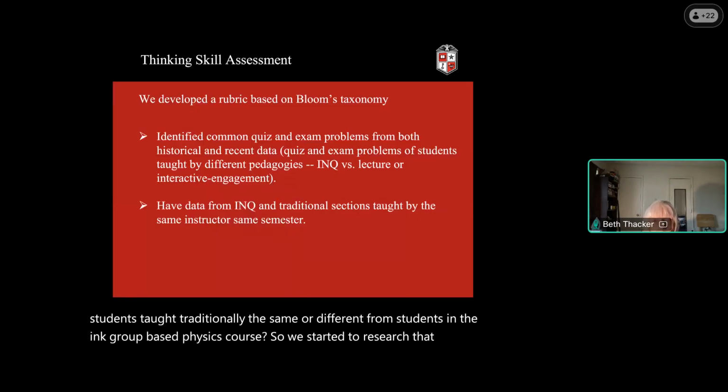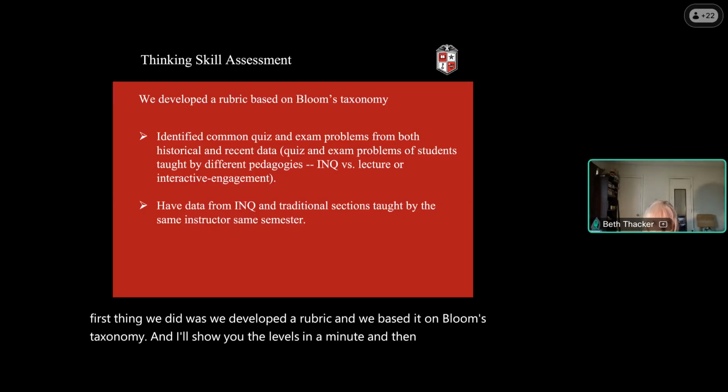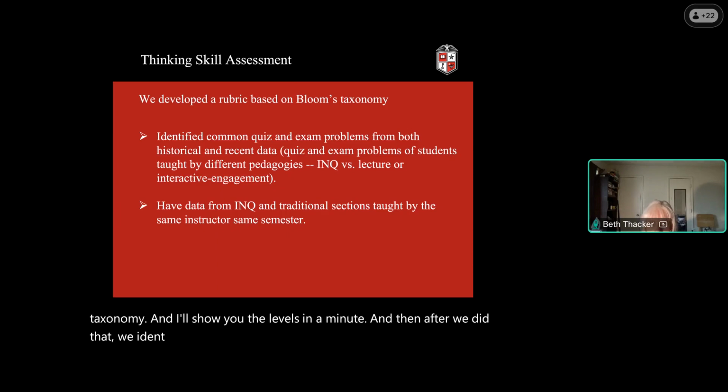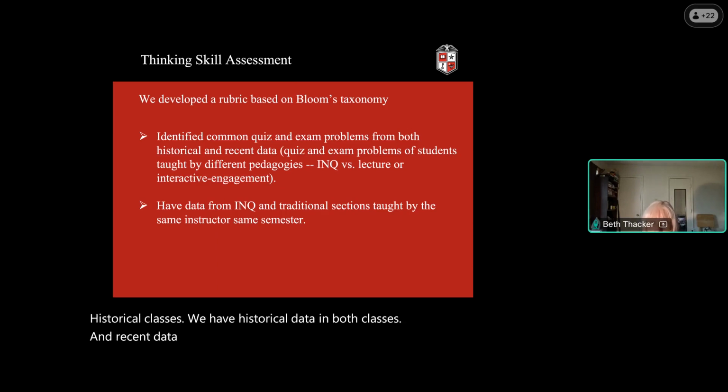And the first thing we did was we developed a rubric and we based it on Bloom's taxonomy. And I'll show you the levels in a minute. And then after we did that, we identified common quiz and exam problems, both from historical classes. We have historical data in both classes and recent data of classes taught by different pedagogies.